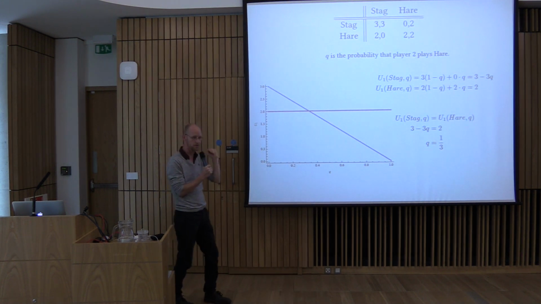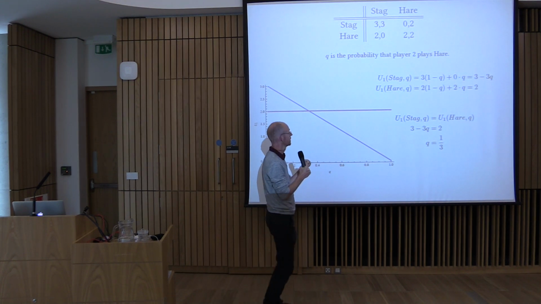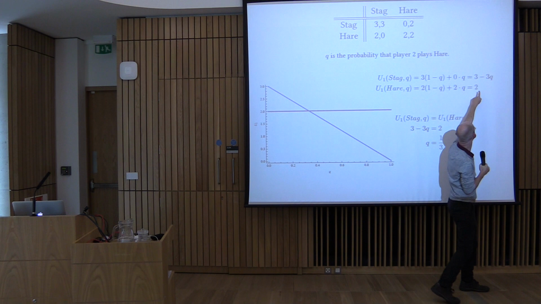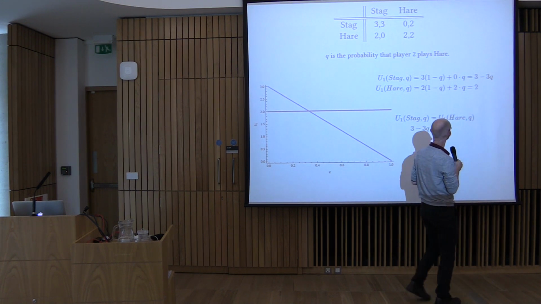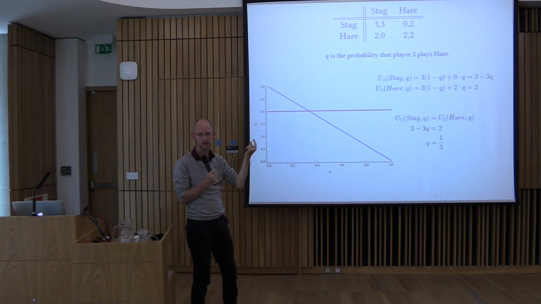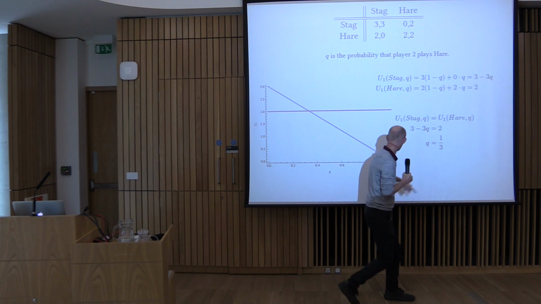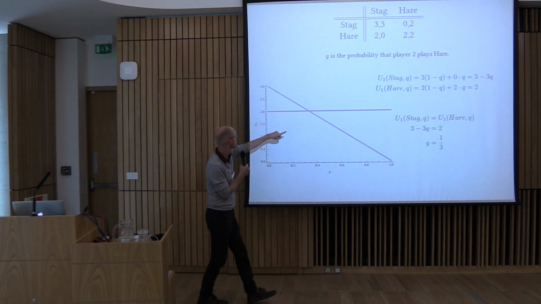Now, when does it not matter for you to play hare or stag? Well, when those two utilities, 3 minus 3q and 2 respectively, are the same, then it doesn't matter what you play, right? And that is actually when q is 1/3, and you see it here, right?